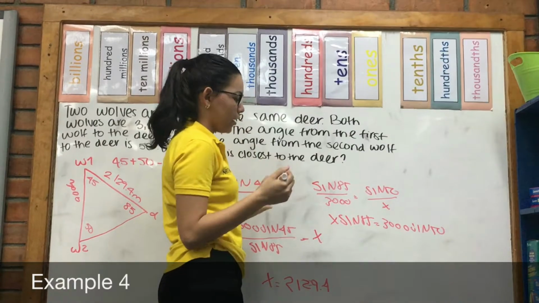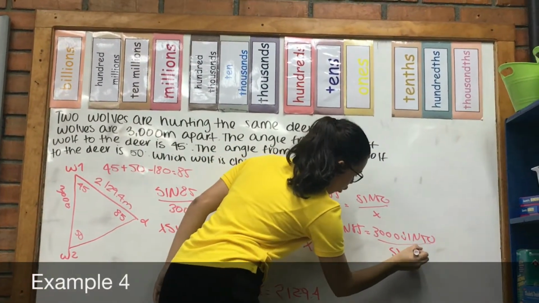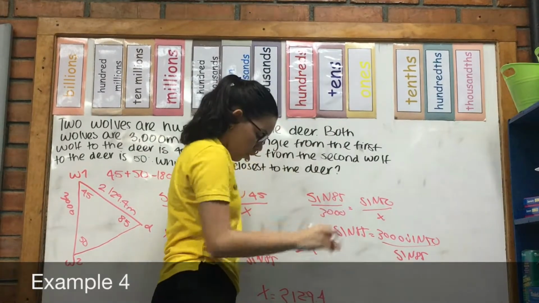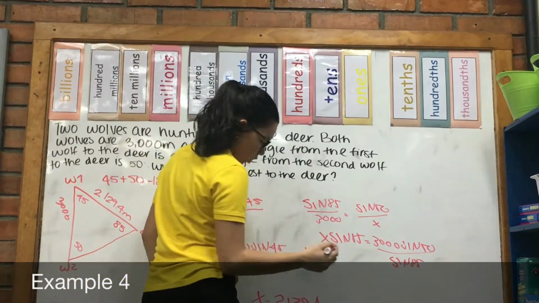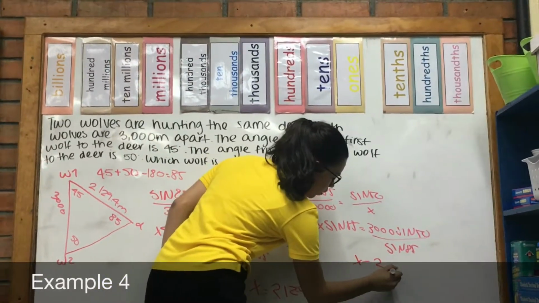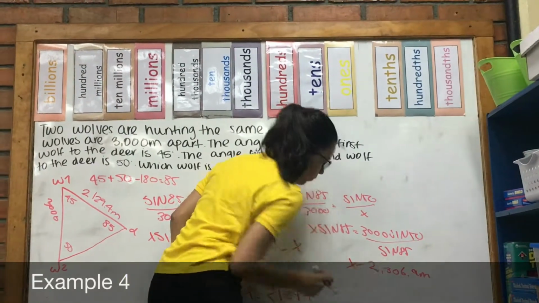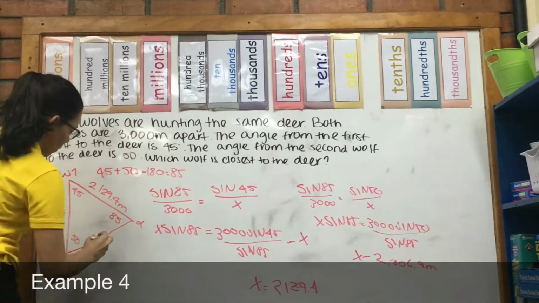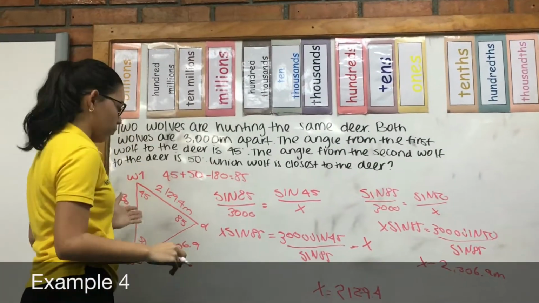Yet again we treat x as a number and we move the sine of 85 to the other side to divide. Now that we plug all this into our calculator, we have that x equals 2,306.9 miles. So the second wolf is 2,306.9 miles away from the deer.